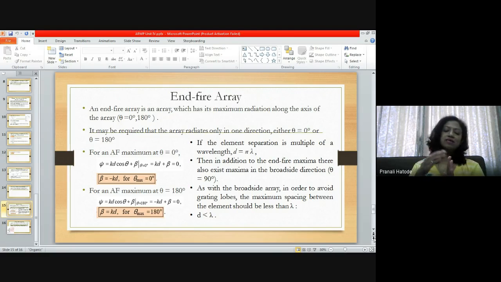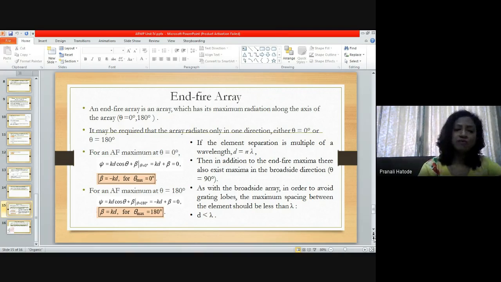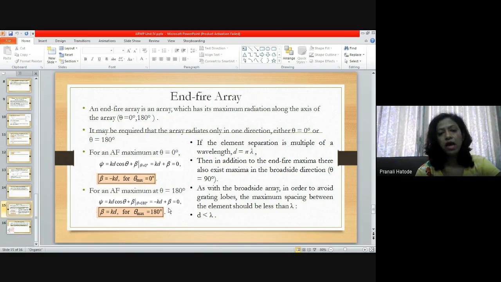You can also make an array which gives radiation either at theta equals 0 or theta equals 180 degrees. Okay, this is also possible. So for an array factor where the maximum is at theta equals 0, the value of beta has to be minus kd. And for an array factor where the maximum is at 180 degrees, beta must be kd.